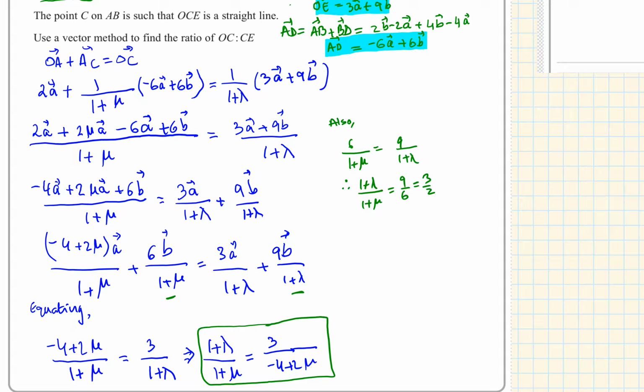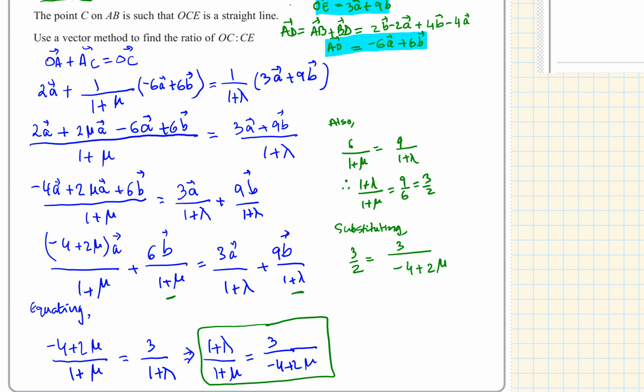So we can replace it here. Substituting, 3 over 2 is equal to 3 over minus 4 plus 2 mu.